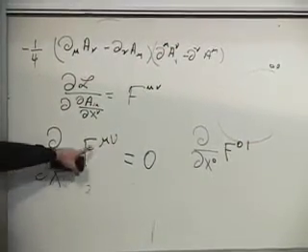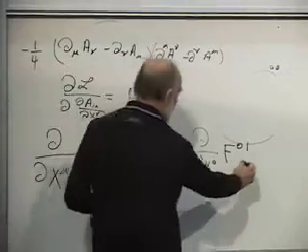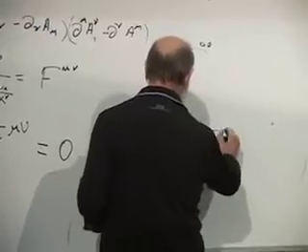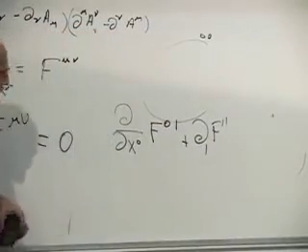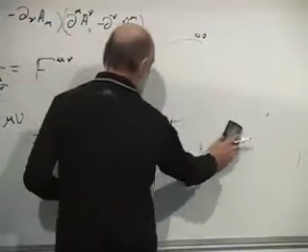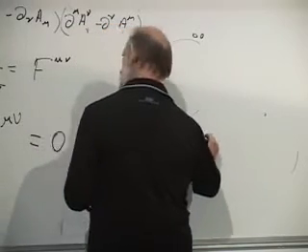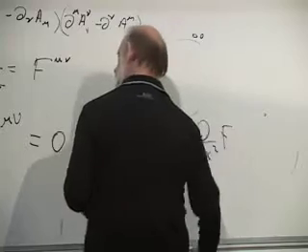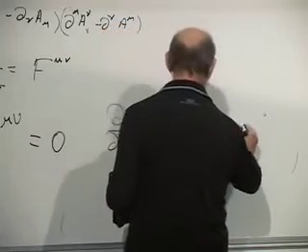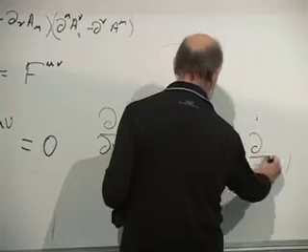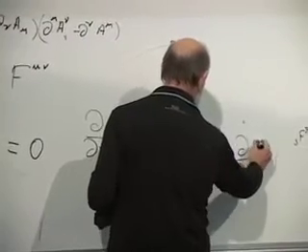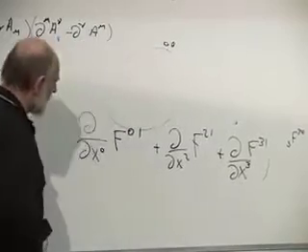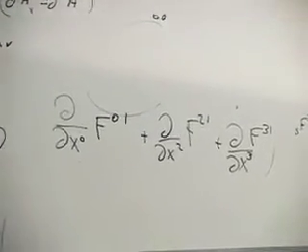So d naught F naught 1 plus, now we have d1 F11, but that's 0. F11 is 0. And then we have plus d by dx2 of F21 plus d by dx3 of F31, I believe. Is that correct? I think that's correct.